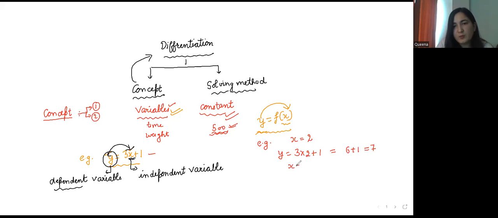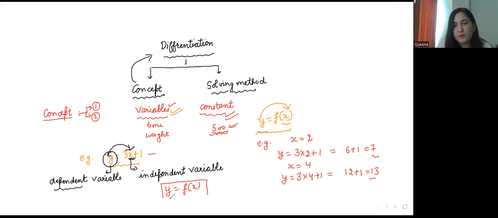And also we can put another value. Let us check for x equal to 4. I get y equal to 3 multiplied by 4 plus 1, which gives us 12 plus 1, equal to 13. So this is quite easy to understand, right? This is why we can say that y is a dependent variable of x, and that is why I'm writing y as a function of x.